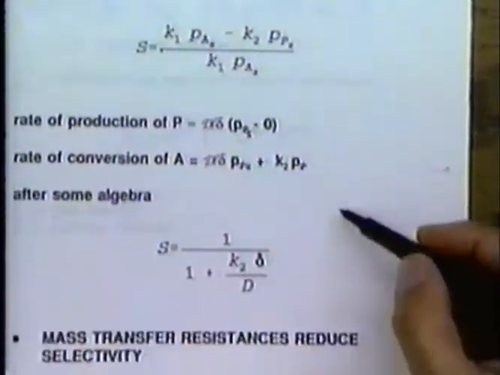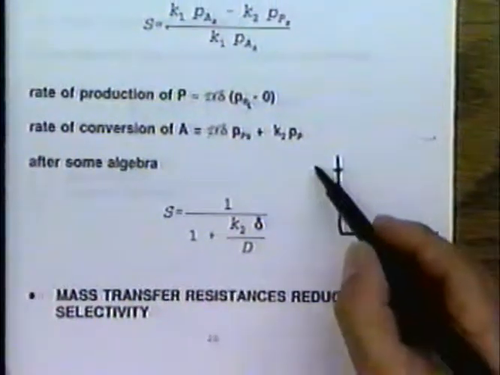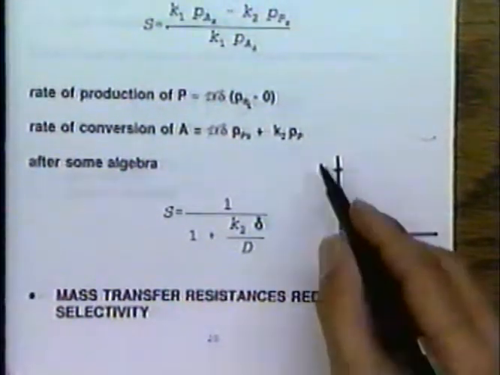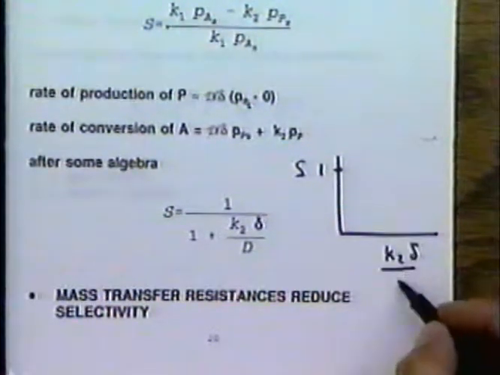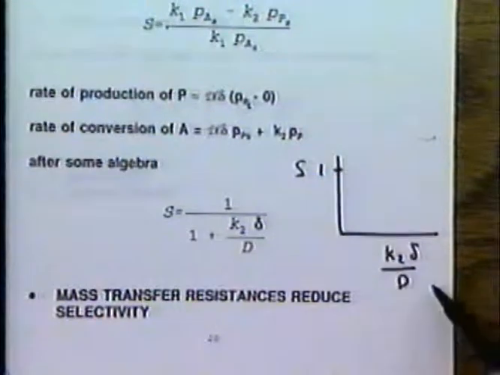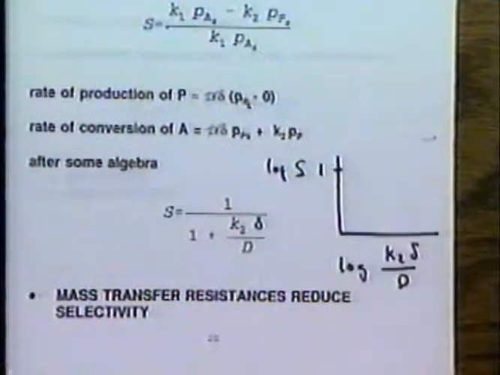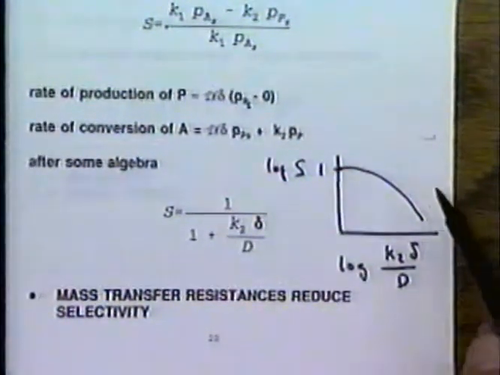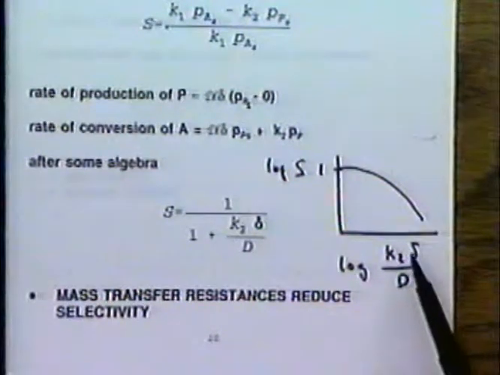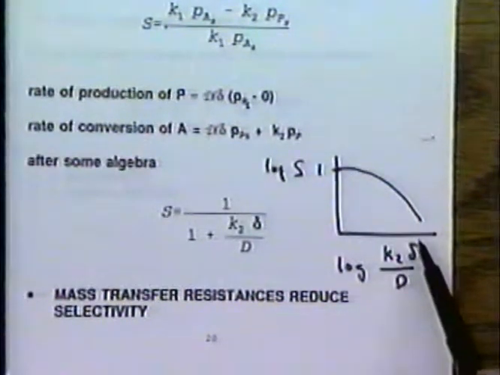And when we plot this, we will have that selectivity will be 1. And well, this will be selectivity, and this will be k2 delta over D. This is a log-log plot. And the shape of this plot will be, as we have seen before, indicating that as the mass transfer resistance increases, the selectivity for the reaction decreases.